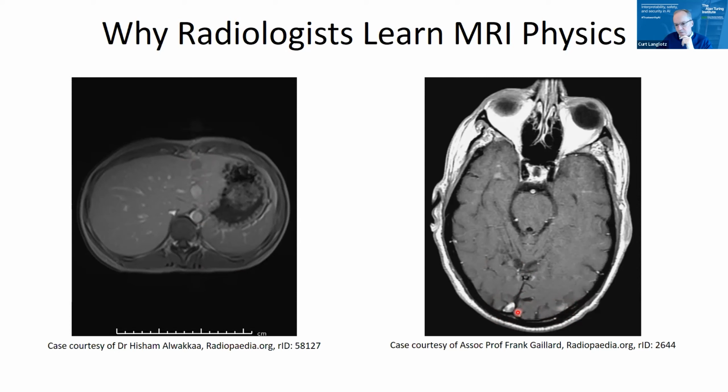This is the sigmoid venous sinus. It's just a shadow. So knowing something about how MR scanners work, not entirely everything about the physics, but knowing something about the physics is very important for radiologists because we understand how these devices might fail us.